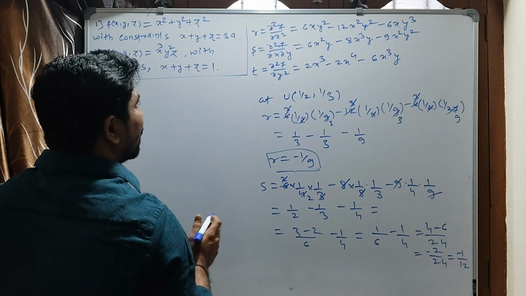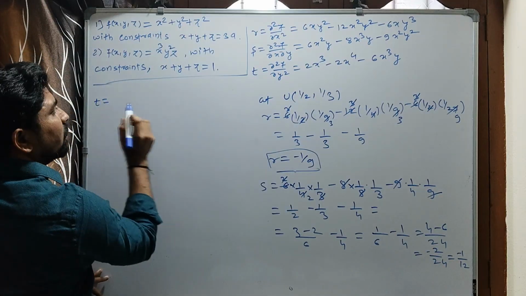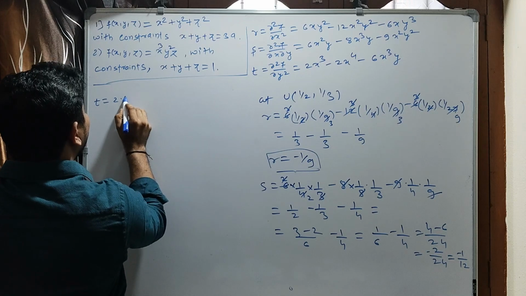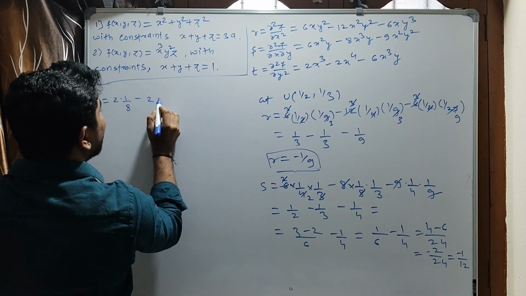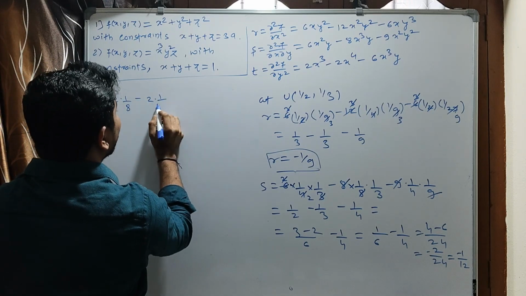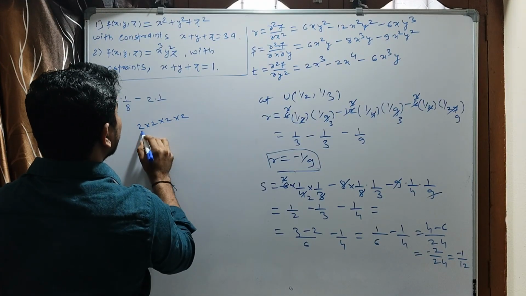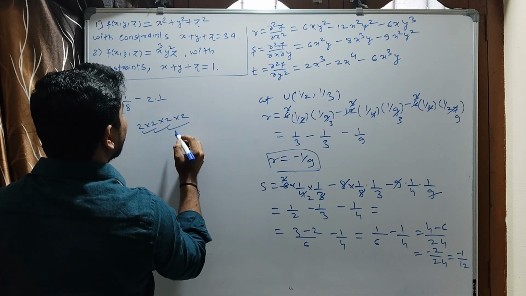Which is equal to minus 2 by 24, which is equal to minus 1 by 12. Now I want to find t. Therefore t equal to 2 times 1 by 2 cube, 1 by 8, minus 2 times 1 by 2 to the power 4. So here 2 into 2 into 2 into 2, 4, 8, 16.